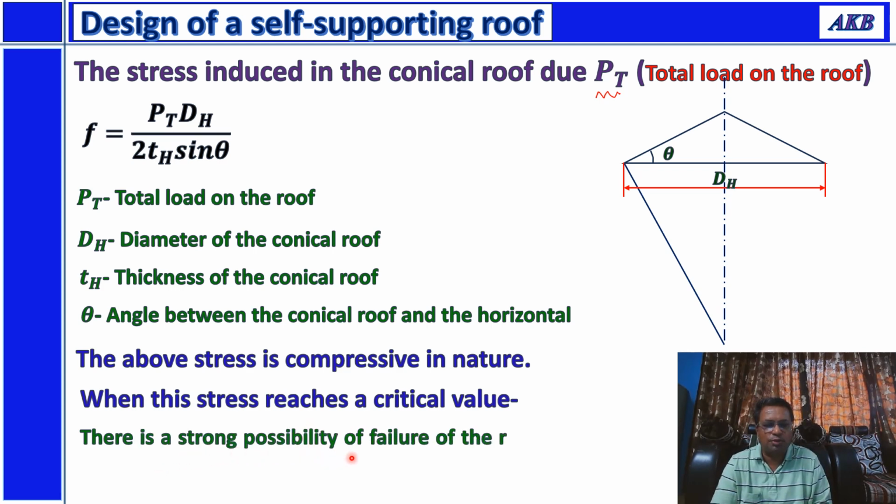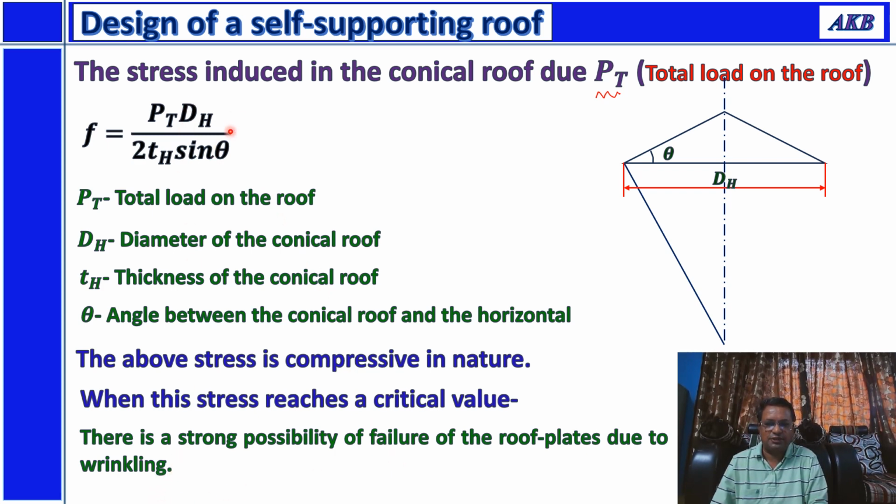There is a strong possibility of failure of the roof plates due to wrinkling. So once this stress reaches a critical value, failure of the roof is going to occur, and that failure will be by wrinkling.